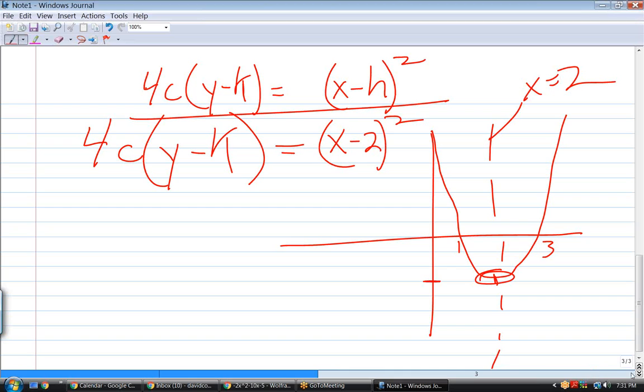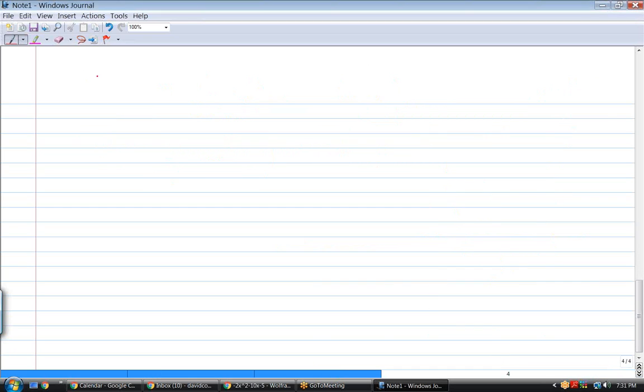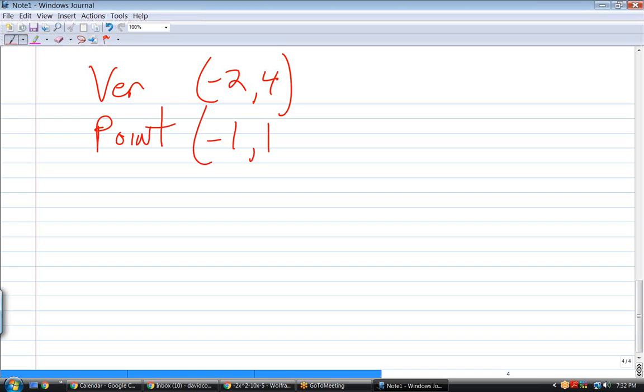Okay, I have one that's like, write a quadratic function in any form given the following information. Go ahead. Let's do it. Vertex is -2, 4 through the point -1, 1. Hold it. What was the second thing called? Through the point -1, 1. So it goes through that point? Yeah.